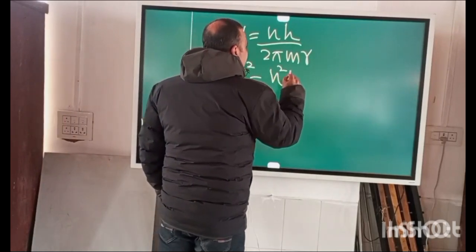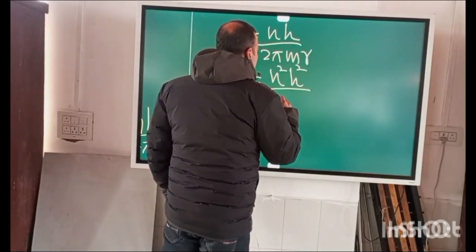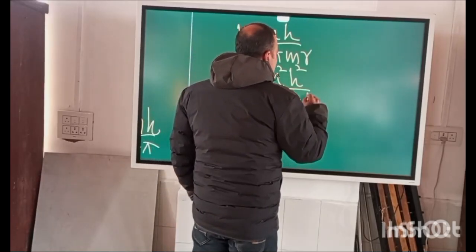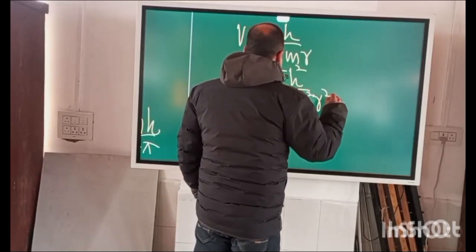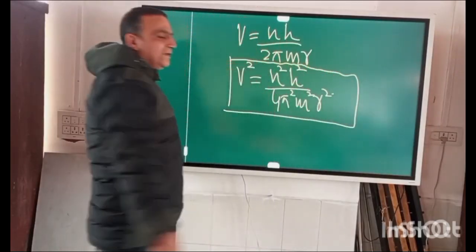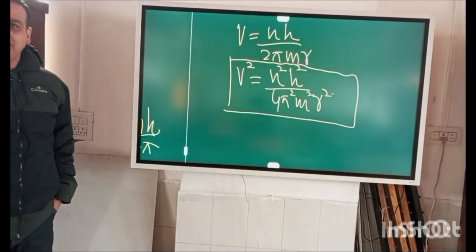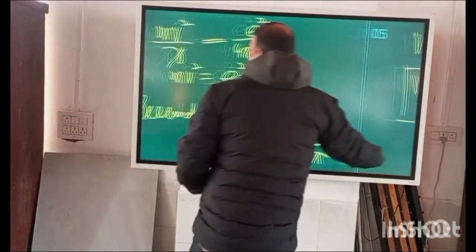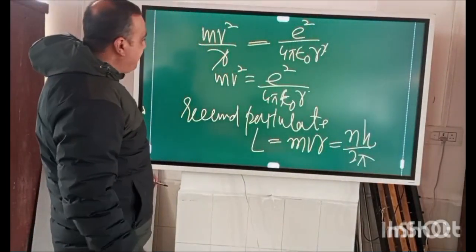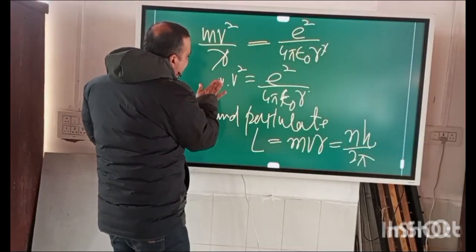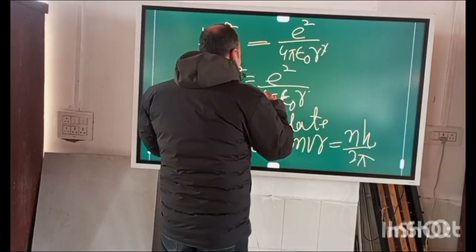It will give me n square h square by 4 pi square m square r square. Okay, this is v square. I can use this v square in this equation.